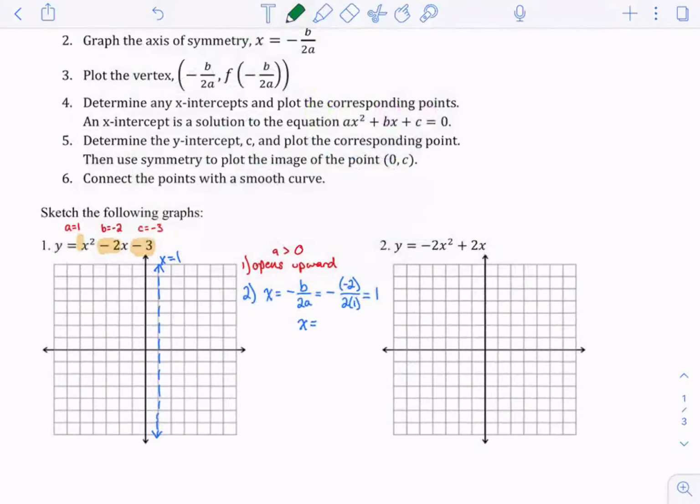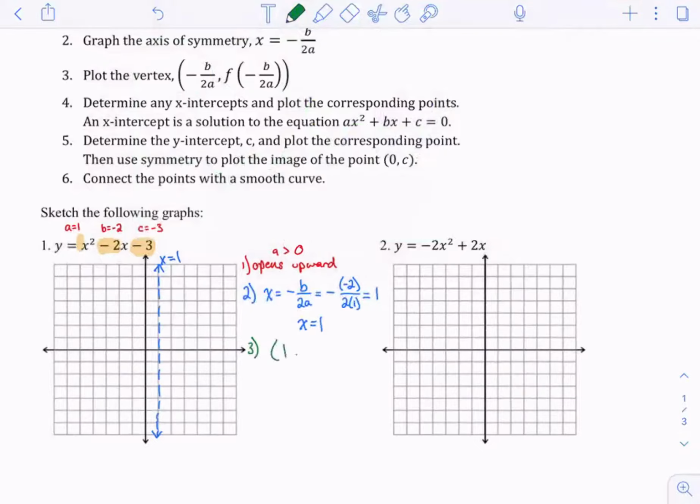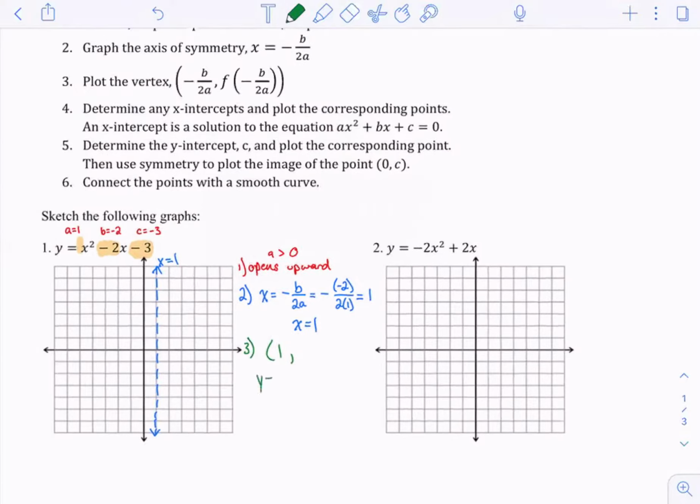Step 3 says find the vertex. So we already know that the x value of the vertex is 1, but now we need to find out what the y value is. To find that, you can plug it back into the equation. So y equals 1 squared minus 2 times 1 minus 3, which equals, well, this is 1 minus 2.